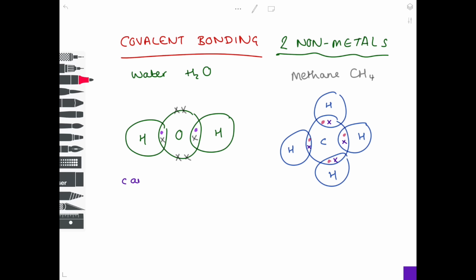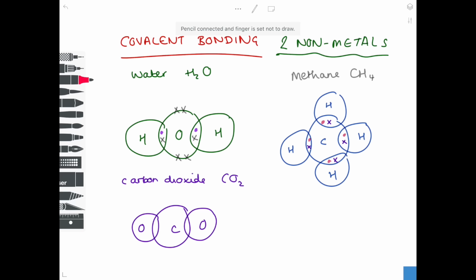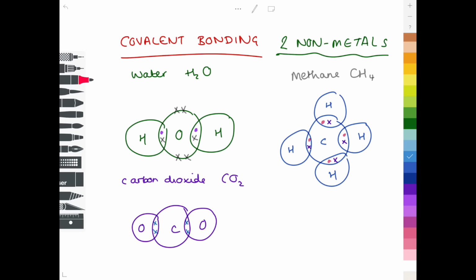Carbon dioxide is trickier, and I'll show you that example now. So remember that's CO2. Remember with this one that it has double covalent bonds, and that will really help you with your answer. So carbon has 4 electrons in its outer shell, but I'm drawing it like that because I know it's a double covalent bond.